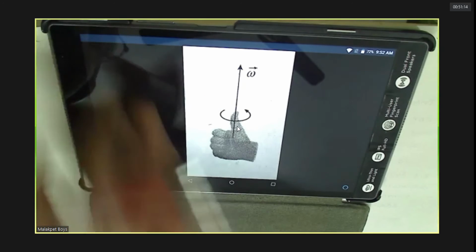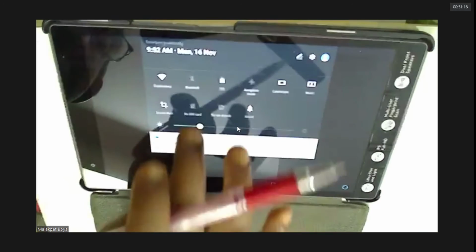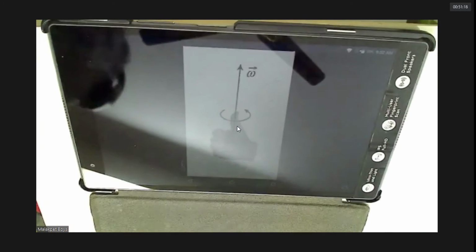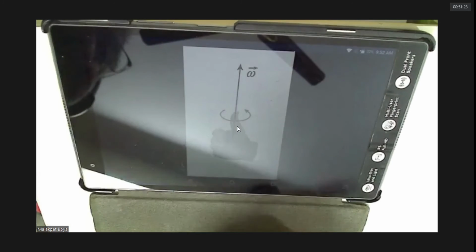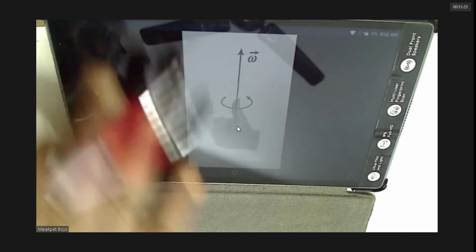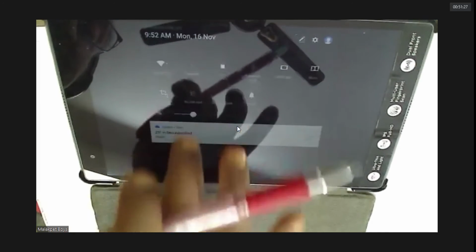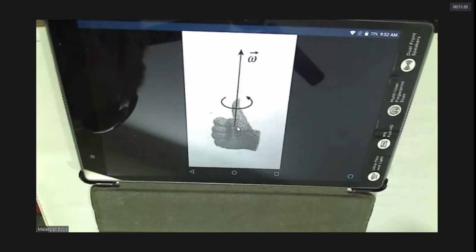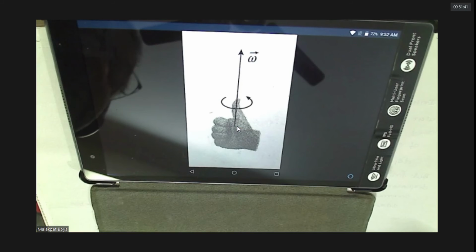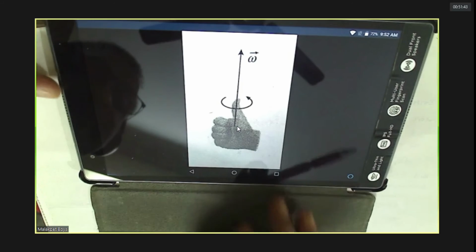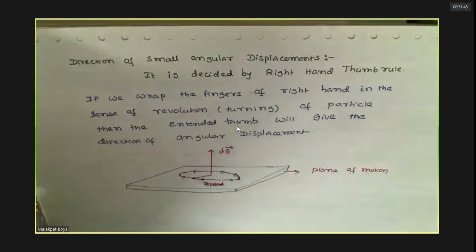Clear, sir. Now you can understand what is the direction of omega.